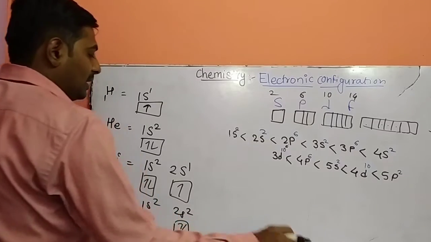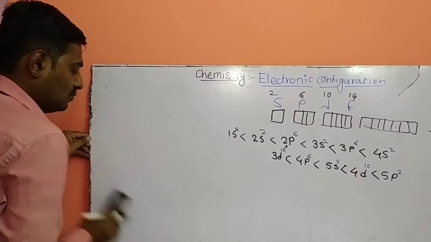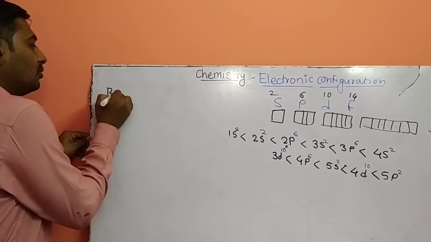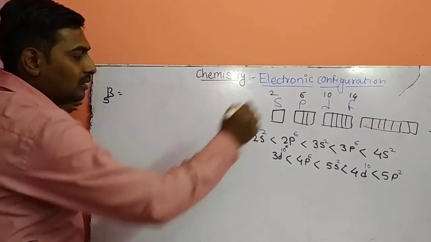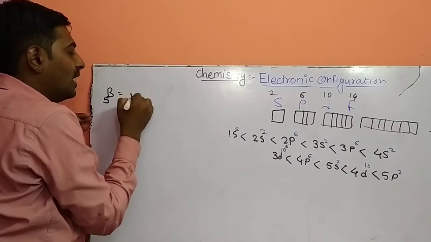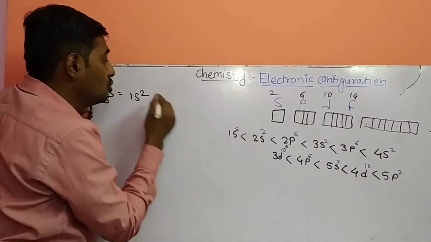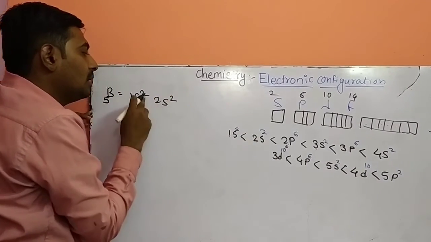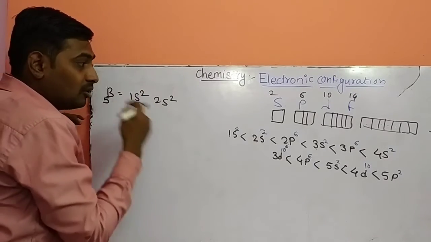Next, atomic number 5, boron. So what is the 5 electron representation? 1s2, 2s2. How many electrons remain? Only 1 electron. 2 plus 2, 4. 1 electron remains.